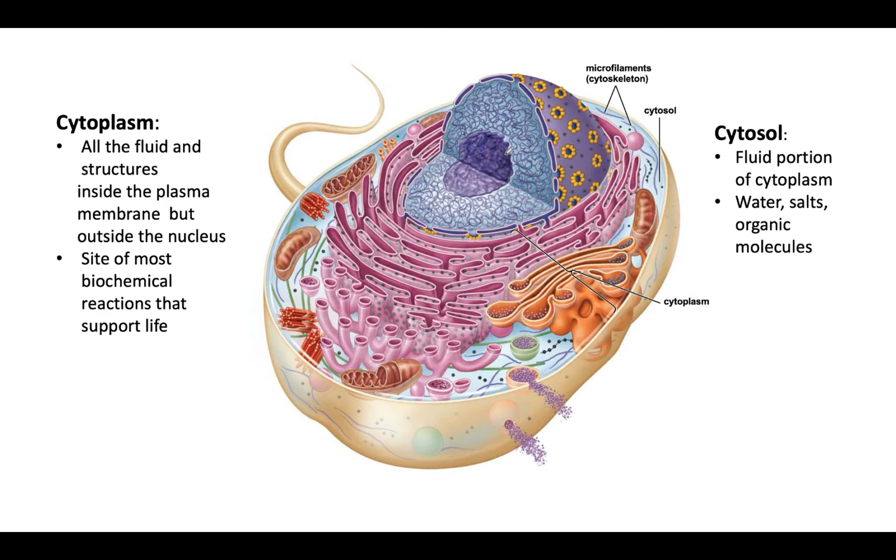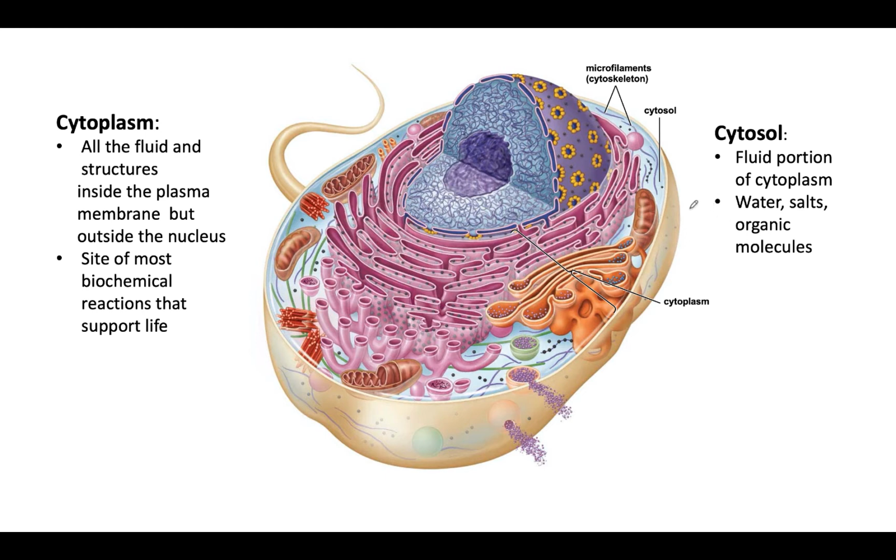This is the entire cell in three-dimensional structure. Cytoplasm is all the fluid and structure inside the plasma membrane, but outside the nucleus. So you can see cytoplasm, so many organelles and molecules filled in cytoplasm. Cytoplasm is the site where most biochemical reactions take place to support life.